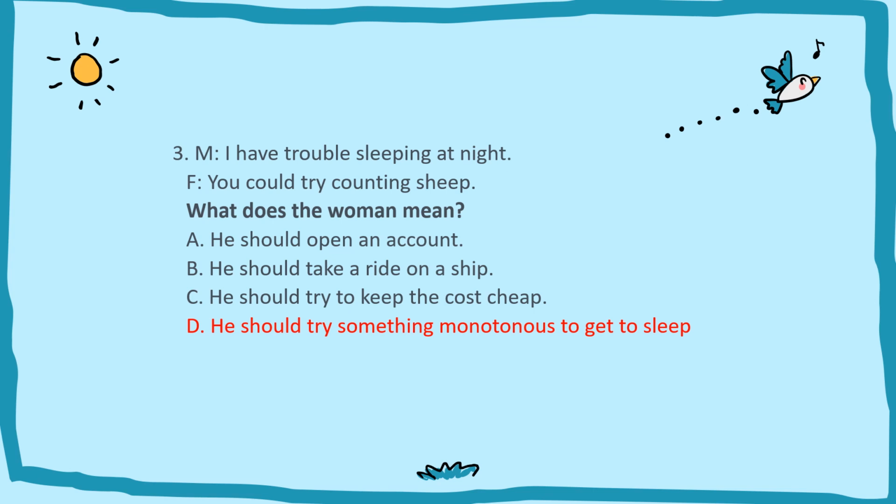In this question, the woman said counting sheep, not ride on a ship, nor keep the coast cheap. So, the B and C answers cancel out. And for the A answer, I think it's quite obvious that it's wrong because opening an account has nothing to do with what the woman said. So, the answer is D.